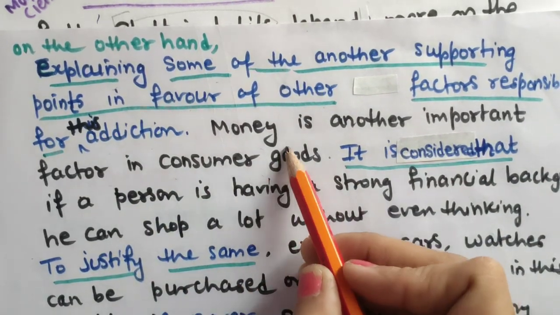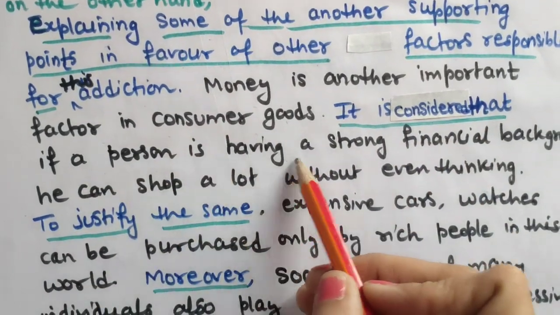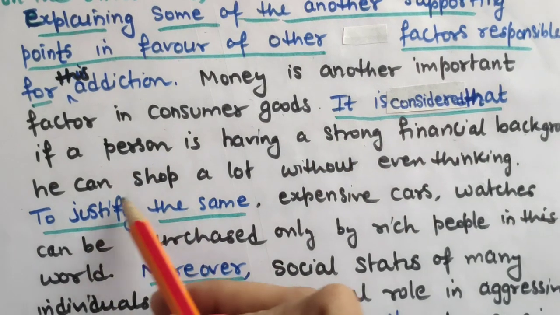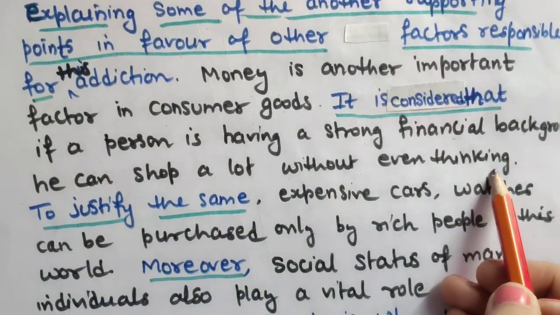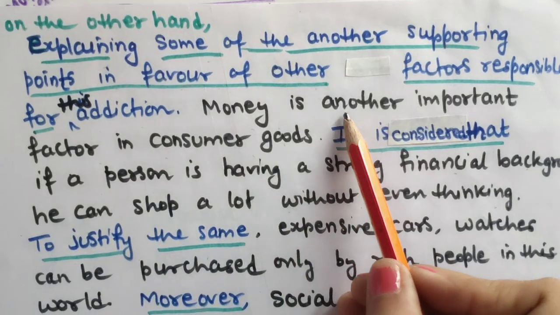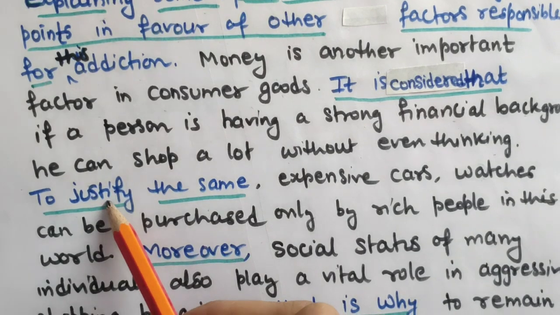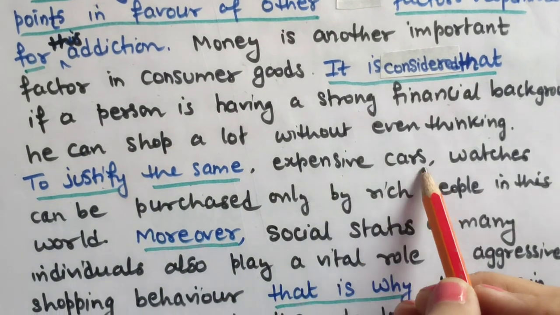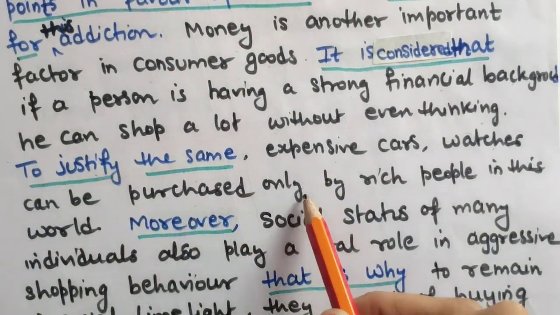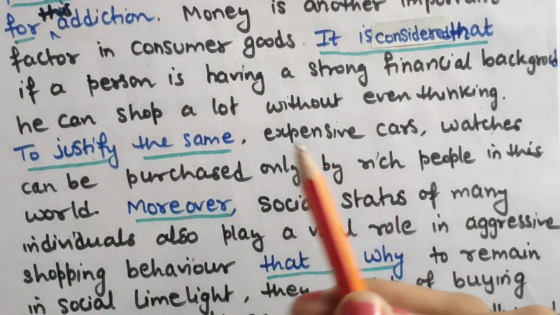It is considered that if a person is having a strong financial background, he can shop a lot without even thinking. To justify the same, this is my example: expensive cars and watches can be purchased only by rich people in this world.